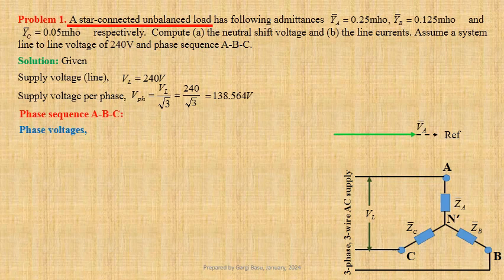phase voltage VA equals V phase at an angle 0 degree, that is 138.564 volt at an angle 0 degree. In Cartesian form, this may be written as 138.564 plus j times 0 volt.